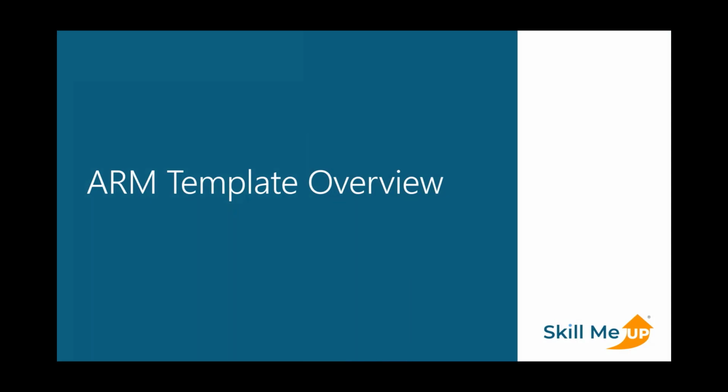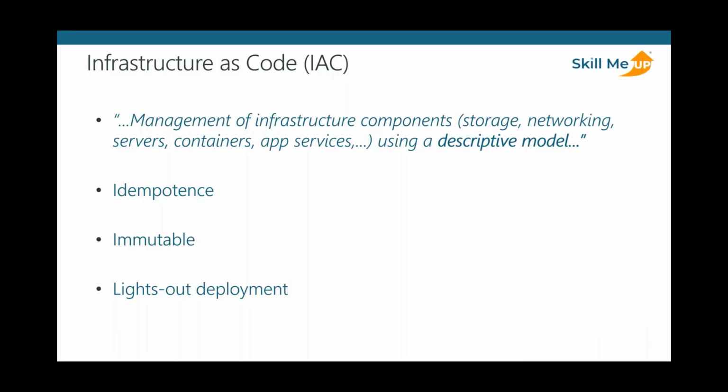So starting with the basics: what are ARM templates? What is infrastructure as code? In short, infrastructure as code refers to managing your infrastructure components, which can be traditional storage, networking, virtual machines, but it's not limited to infrastructure itself.